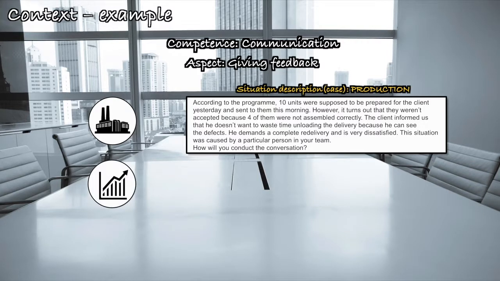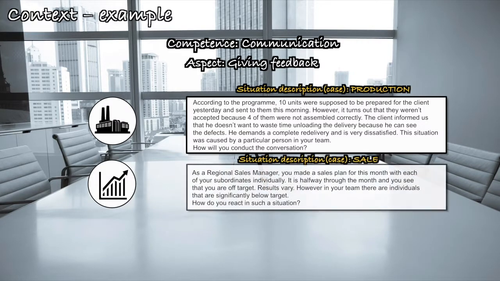In the case of the sales organization, as a regional sales manager, you made a sales plan for this month with each of your subordinates individually. It is halfway through the month and you see that you are off target. Results vary. However, in your team there are individuals that are significantly below target.